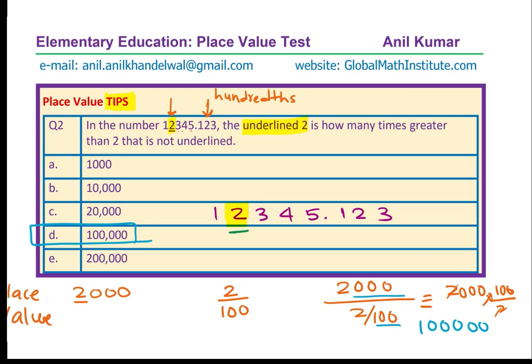So how many positions do we move? We have to only check that to give you the answer. You can see from here 10, 100, 1000, 10,000. Do you see that? So you go 100,000. Do you see that? 10, 20, 30, 40, 50. Correct? So that is how you get your number.